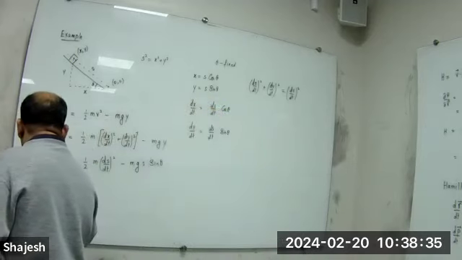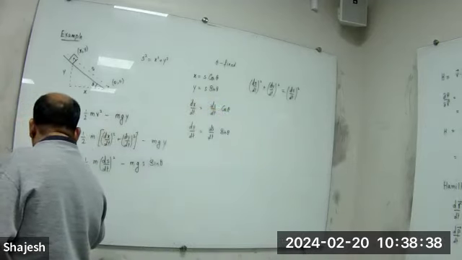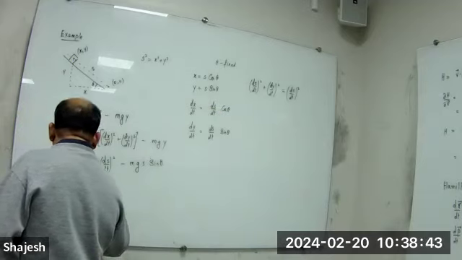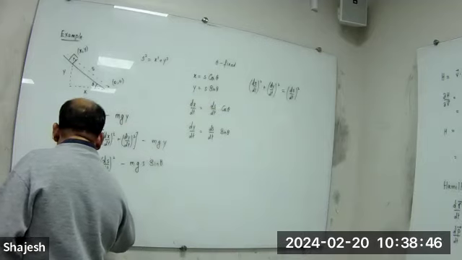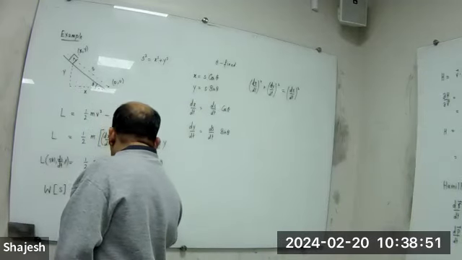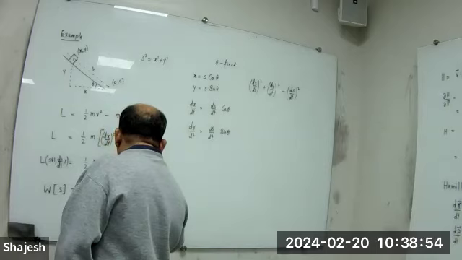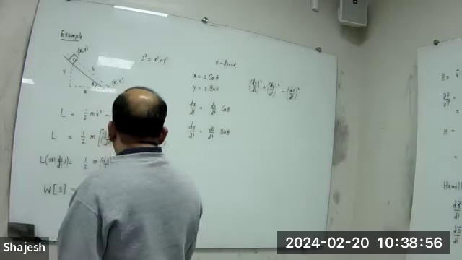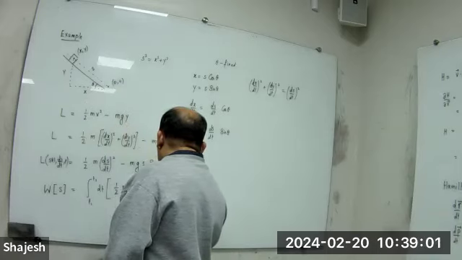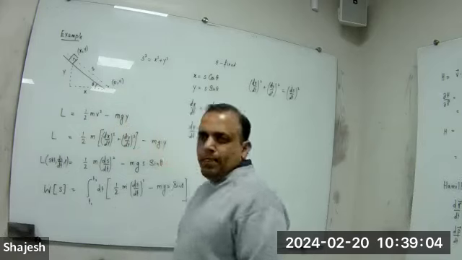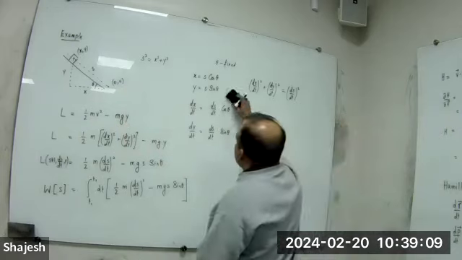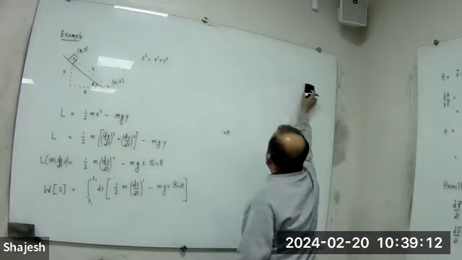So the action, which now depends on s, will be the integral from t1 to t2 dt of half m (ds by dt) squared, and we have minus mg s sine theta. Make the variation in the action, and we should get our equations of motion.